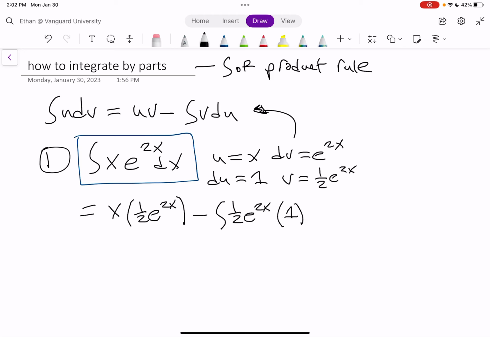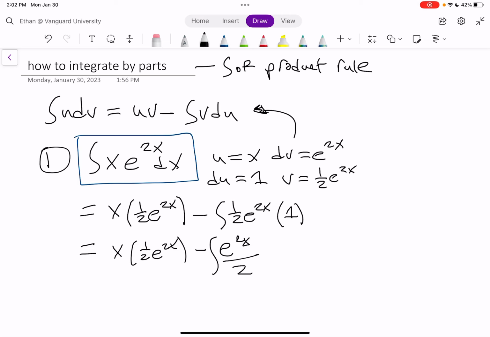So you'll notice that we have another integral to solve here. And this is nice and easy because this is just going to come out to minus the integral of e to the 2x over 2.